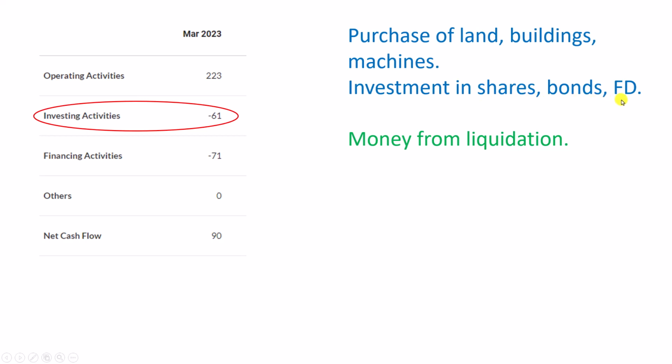If it goes for FD, it would be investment. So all these would be considered as investment because the money will grow over time. Now for all these, the money will go from the company, so all these would be negative.